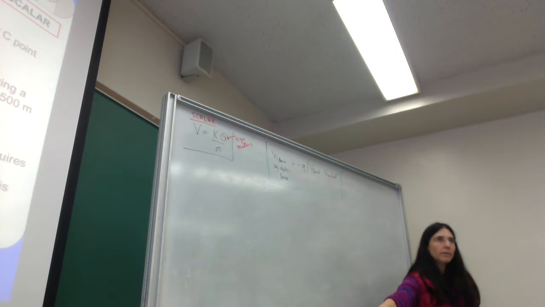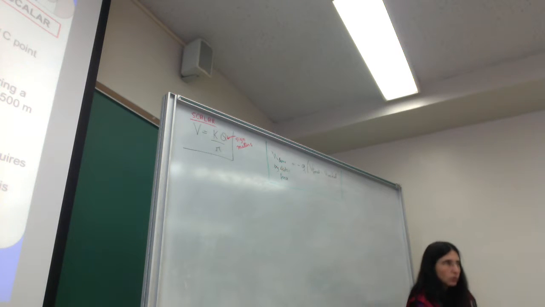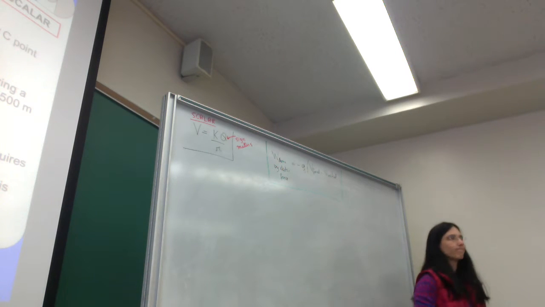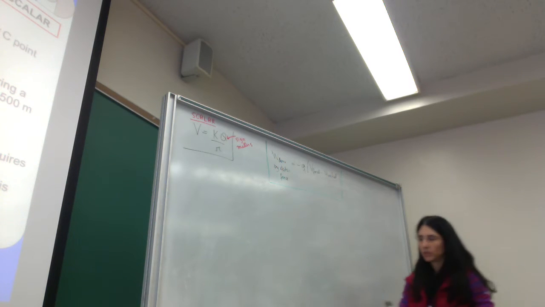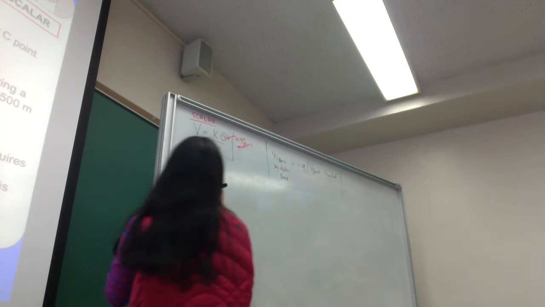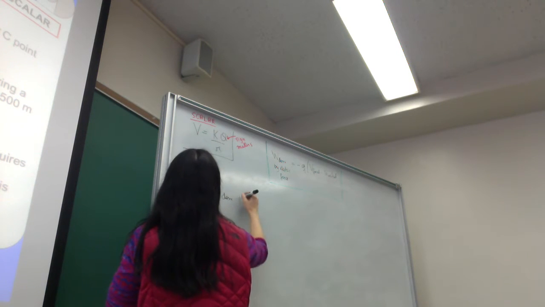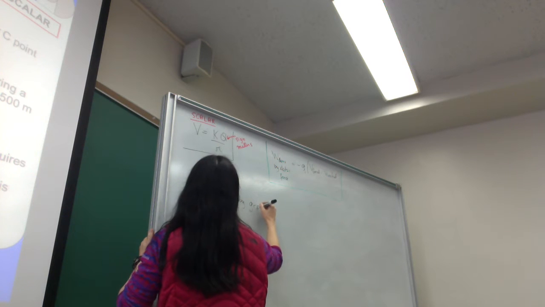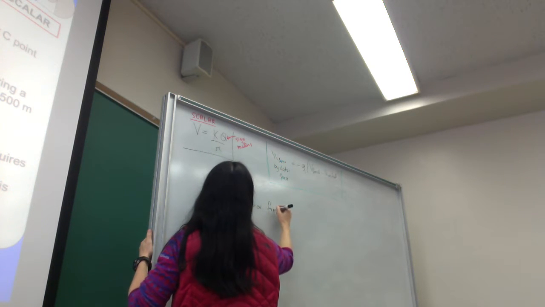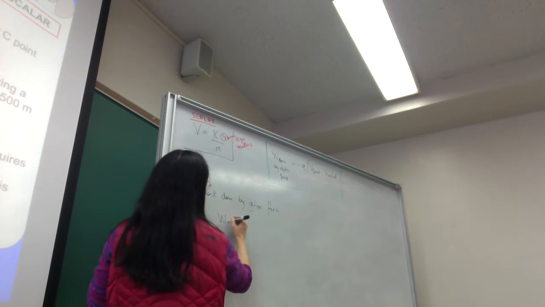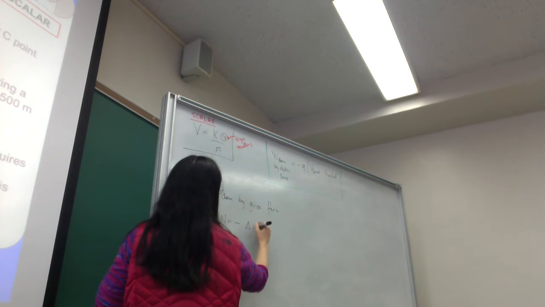Now suppose I have an external person, an external force to bring it up. Let me say it again. Work done by gravitational force: we said that the work was minus the change in potential energy.